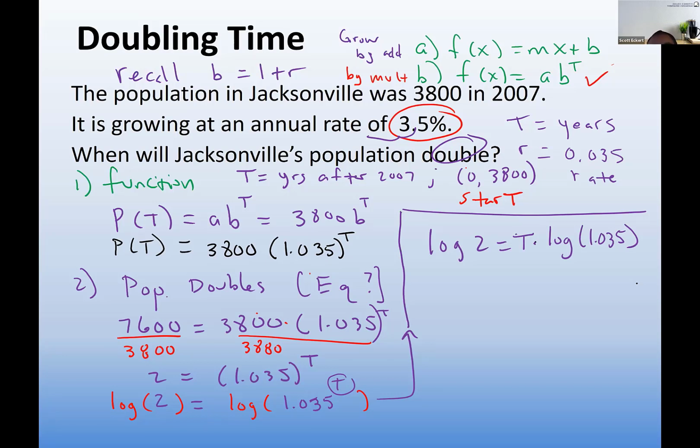T is not in an exponent anymore. T is just a regular variable in a multiply, and so we can get t by itself with dividing. So that cancels, and I'm done.